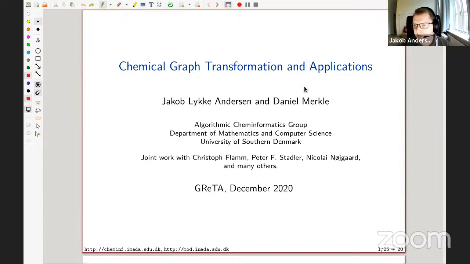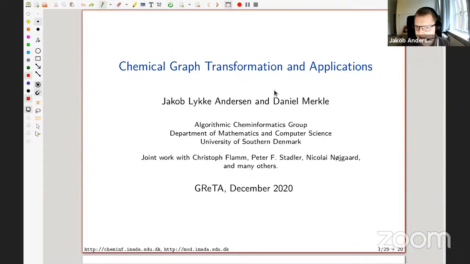We are maybe a bit atypical in this community, in the sense that we are not really in the core of graph transformation, but we are kind of in the middle, trying to bend the formalisms a bit and bend the reality of chemistry a bit, figuring something out in the middle and making stuff work.